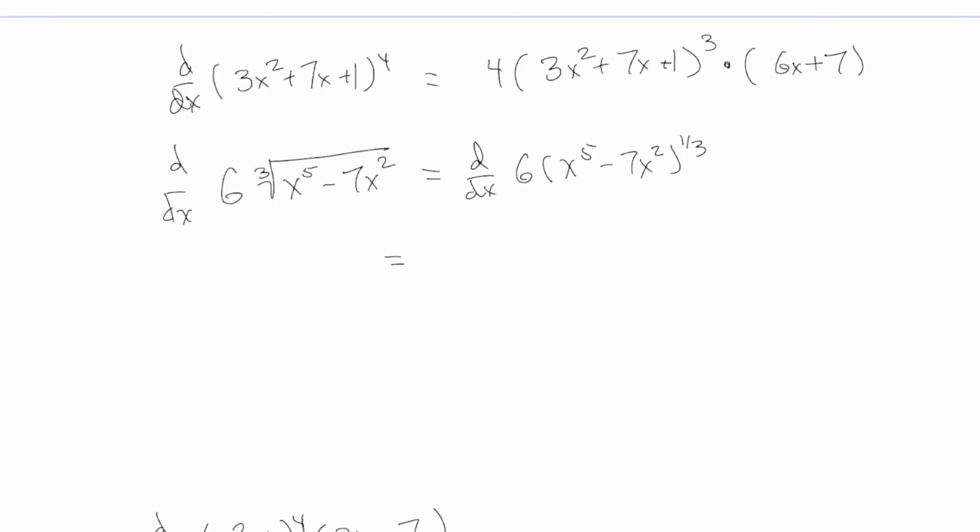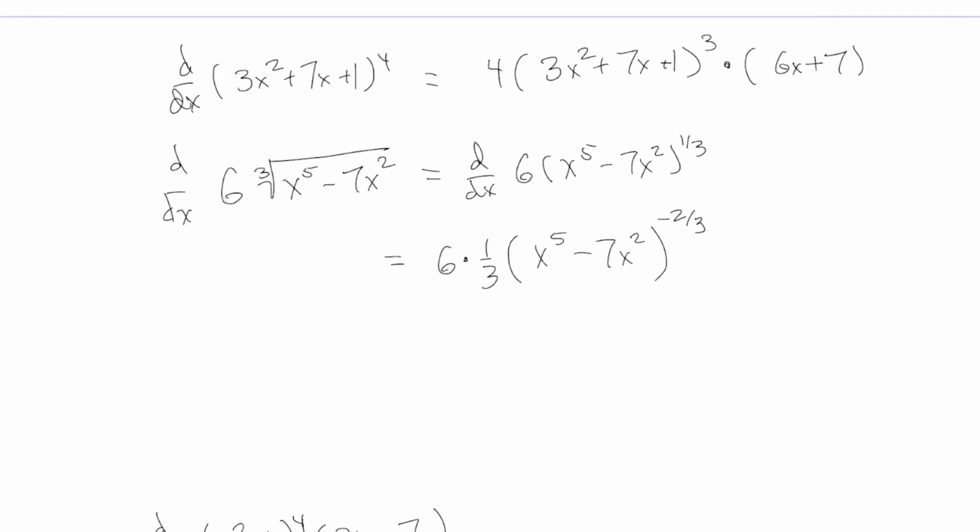The 1/3 comes down and multiplies onto the 6, becomes 6 times 1/3. And then x to the 5 minus 7x squared. Now I change the exponent by subtracting 1. What is 1/3 minus 1? It is negative 2/3, because 1/3 minus 1 is like 1/3 minus 3/3, which is negative 2/3.